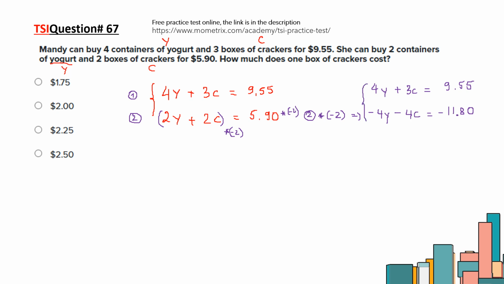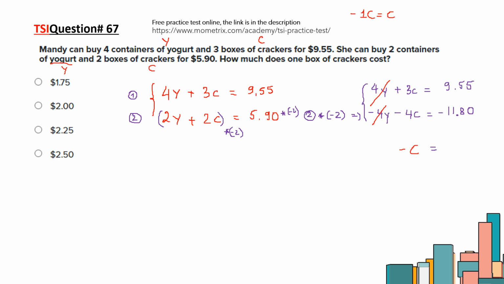This is now our new equation. We add them up. 4y minus 4y, that's gone. 3c minus 4c is negative c, negative 1c. Always remember we have 1c, that is c.